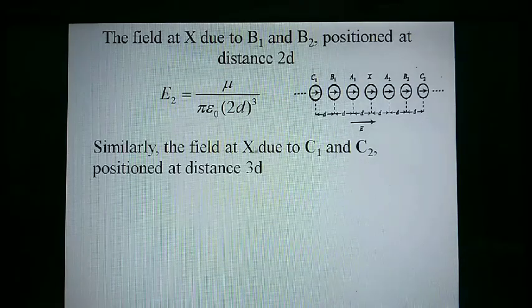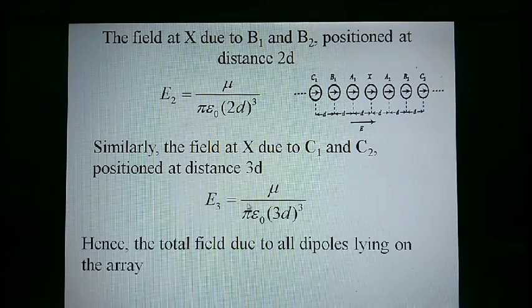Similarly, the field at the same location again due to the other dipoles C1 and C2, which are at a distance 3d from X, is therefore E3 equal to mu by pi epsilon naught 3d whole cube.